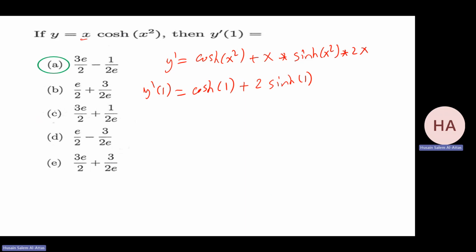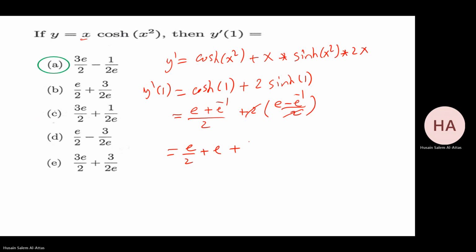Okay, what is cosine hyperbolic of 1? That will be e plus e to the minus 1 over 2, plus 2 times e minus e to the minus 1 over 2. So that gives me e over 2, plus e, plus half e to the minus 1 minus e to the minus 1.